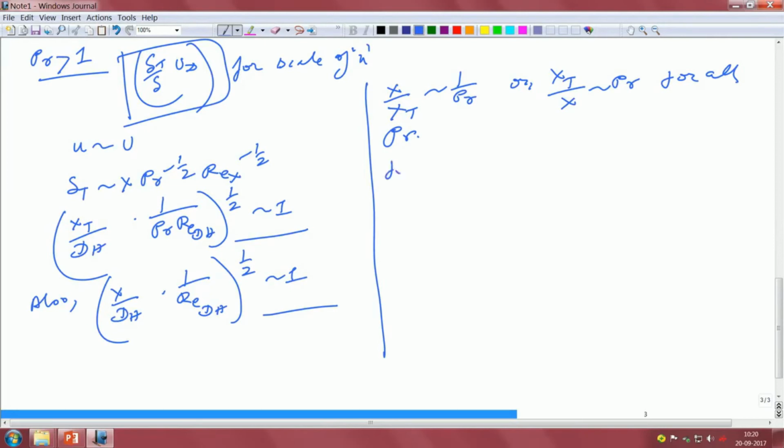So, for x less than xt, Nusselt number is given by q double prime into delta t into dH by k.